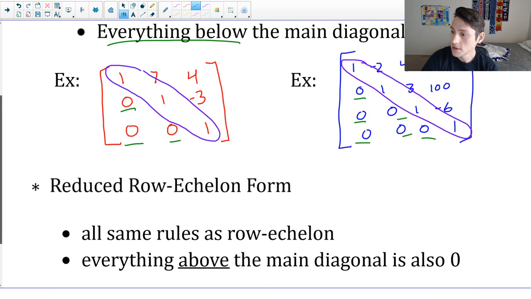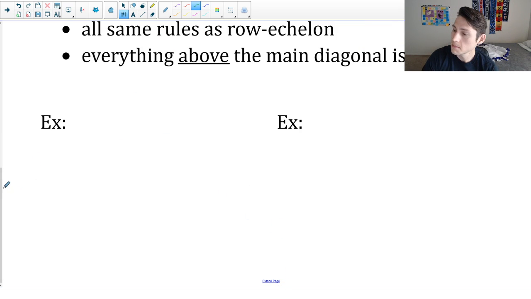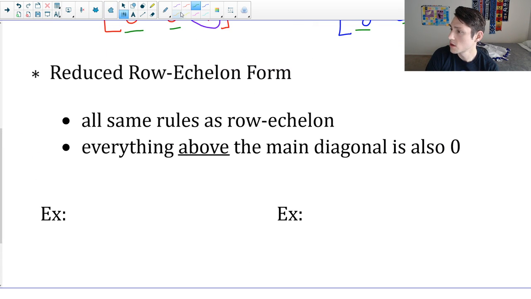All right, now to go a little more specific, we also have what's called reduced row echelon form. So something you might notice, reduced row echelon form. You'll see this RREF, like the stream title, RREF.